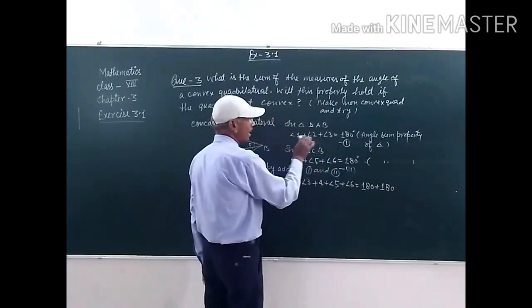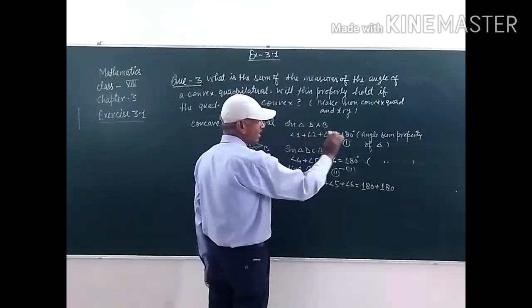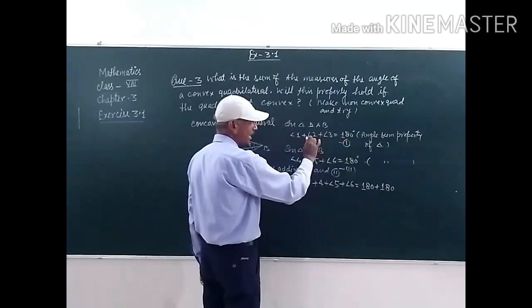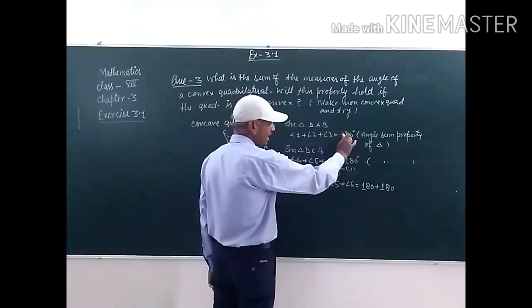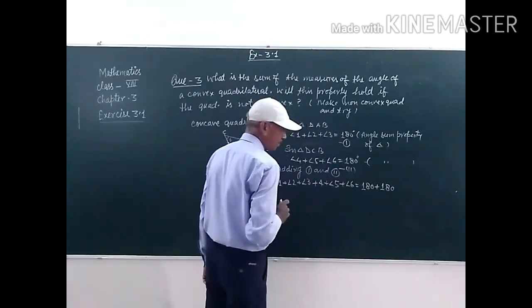Student, this one is the left hand side, this one is the right hand side. We add the left hand side with the left hand side and the right hand side with the right hand side of the equation.